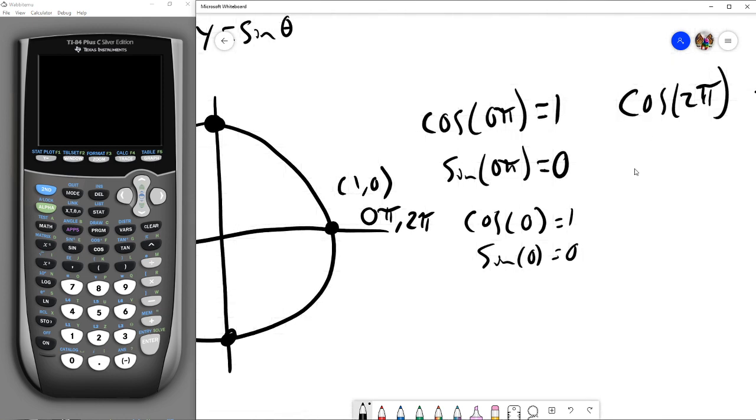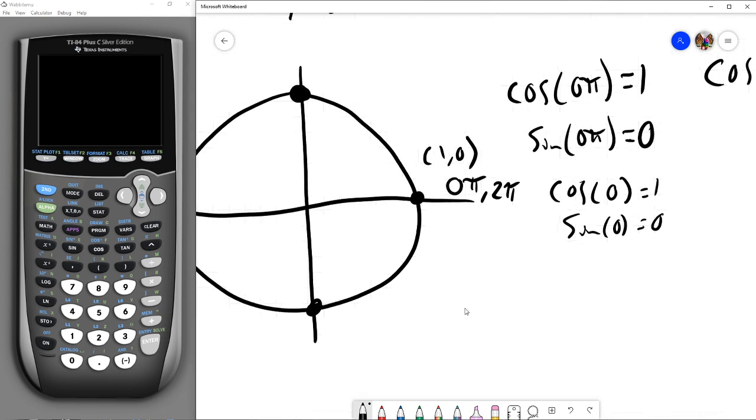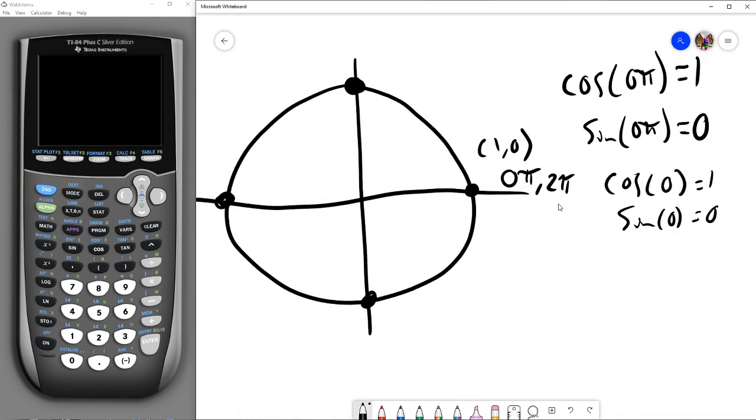Similarly, sine of 2 pi is going to be 0. And if we recall, 0 and 2 pi are coterminal angles because they are literally the same xy coordinate. It's just we go around the circle one time.